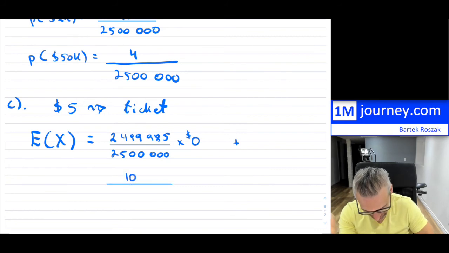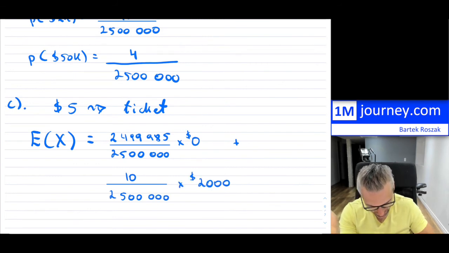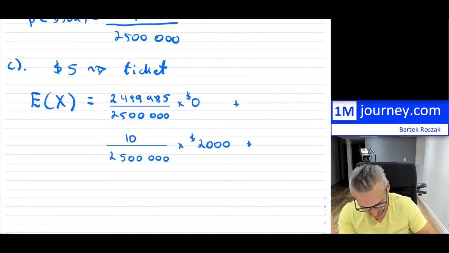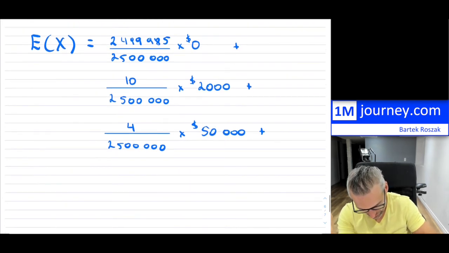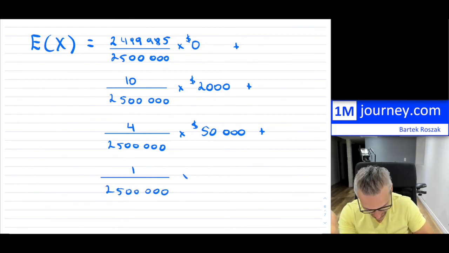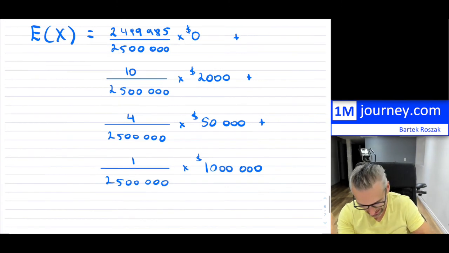So I have to say 10 all over 2,500,123 times this $2,000, plus, now we're paying out 4 of the $50,000, and we're paying 1, okay, of the major prize, which is going to be the biggest payout. 1, 2, 3.